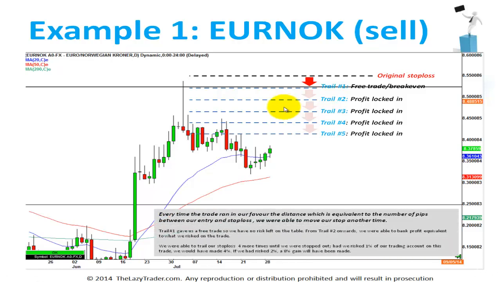So in this instance, looking at Euro NOK, not only were we able to achieve a free trade and lock in a good number of percentage points, 4% within the same day or trading period, and we did this before we were stopped out, before price came up and retraced, stopped us out. But we'd already banked 8% with this one because we were risking 2% on this trade. So essentially it was a 4-to-1.